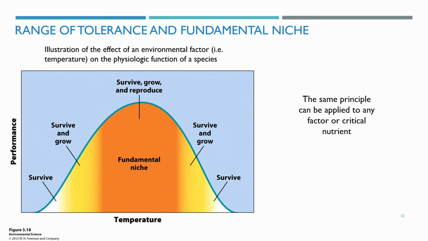And so you can see here that it can survive at really low temperatures, for instance. This is how well it can perform or survive. As you get higher in temperature, it can survive and grow, but only when it gets to an optimal temperature is when it can do all three, and so that would be its fundamental niche.